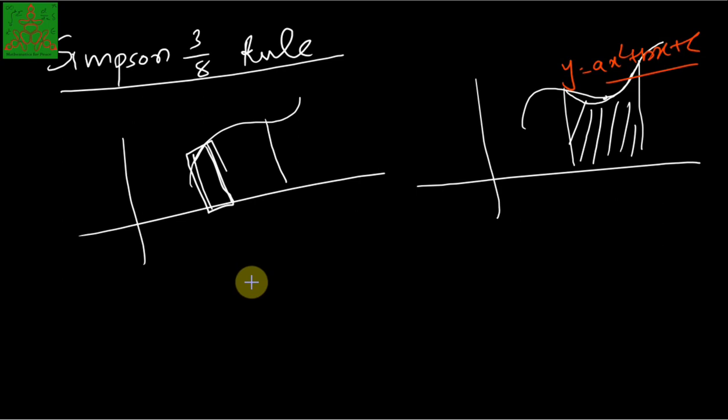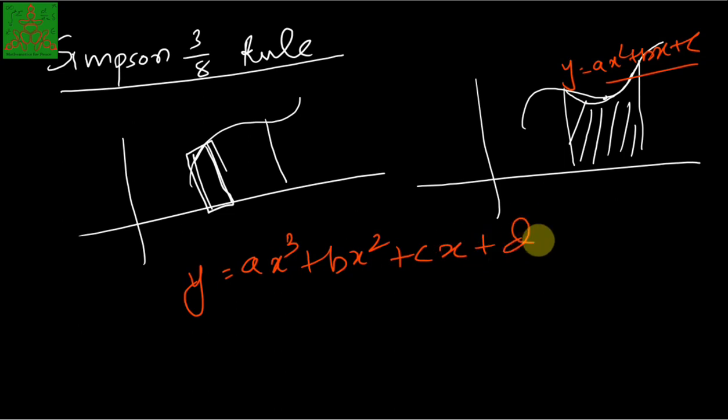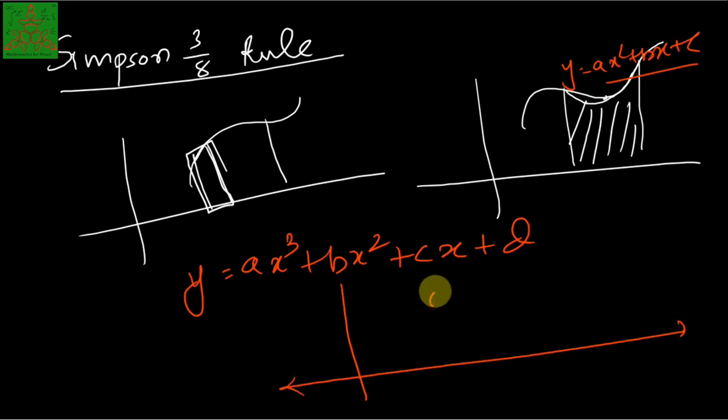And here we are taking the cubic equation, that is y equal to ax cube plus bx square plus cx plus d. So what is the objective? Suppose you have this area which you need to calculate under the curve from A to B.